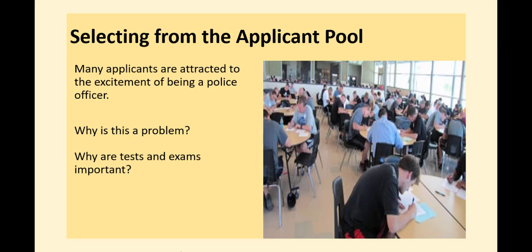Well, it's a problem because of a very important statistic we covered last week, which is 80% of all police work has nothing to do with tasing people, shooting people, driving around fast in a car, or chasing bad guys, right? We talked about that. 80% of a police officer's job is directing traffic, dealing with weather emergencies.